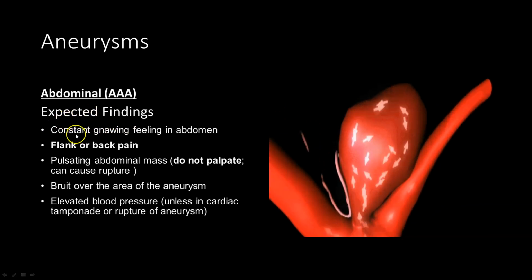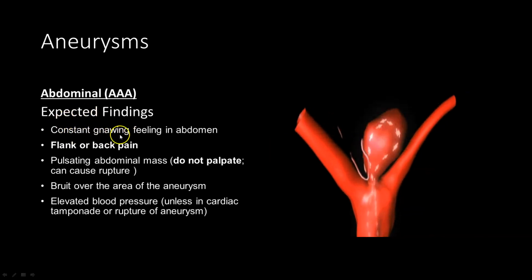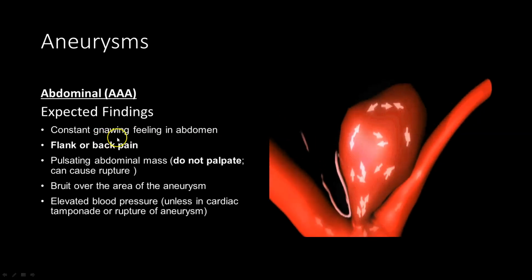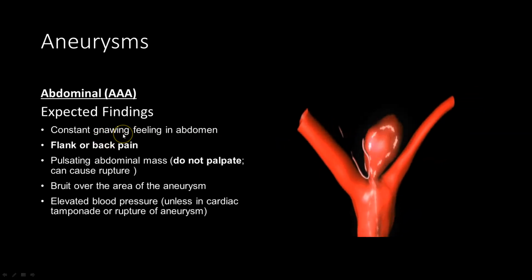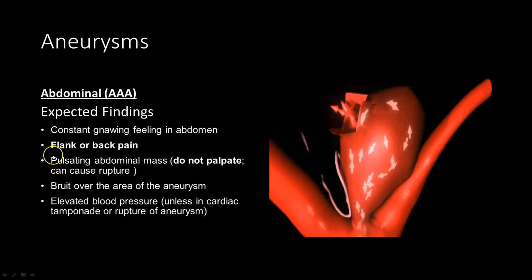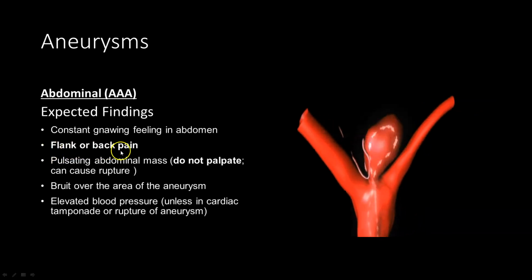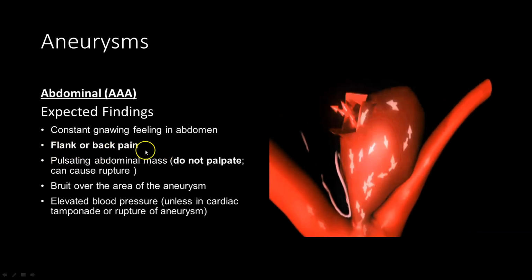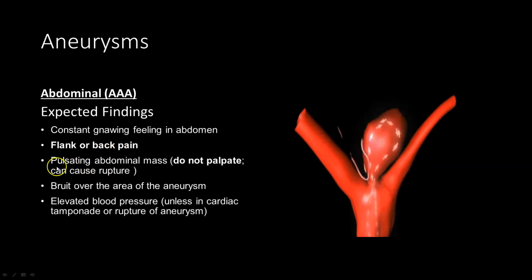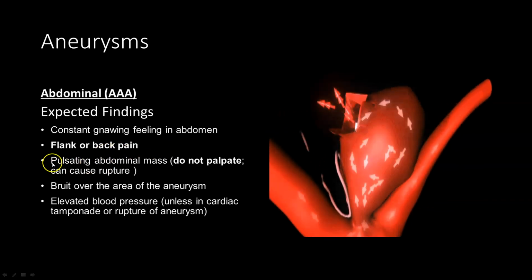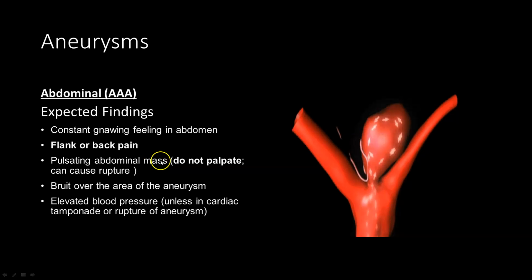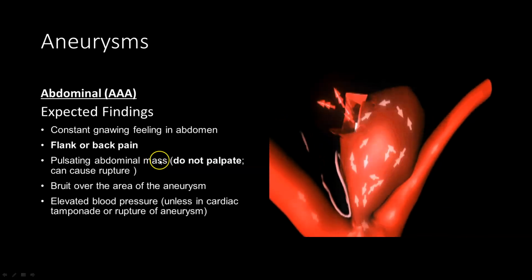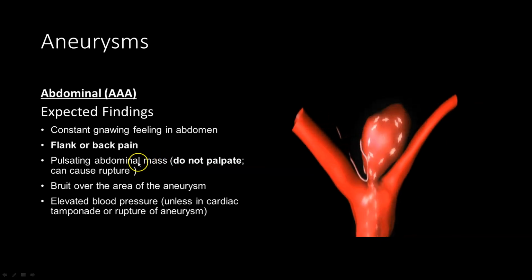So our clients will complain of a constant pain, a gnawing, I know it's a weird word, a gnawing feeling, something's not right in their abdomen. If they complain of flank or back pain, that generally means that you've had a rupture. They may present with this pulsating abdominal mass. Don't go palpating on it because you're going to rupture it.